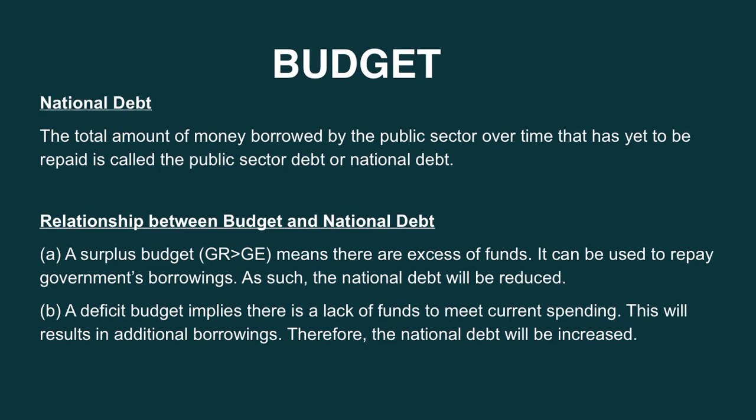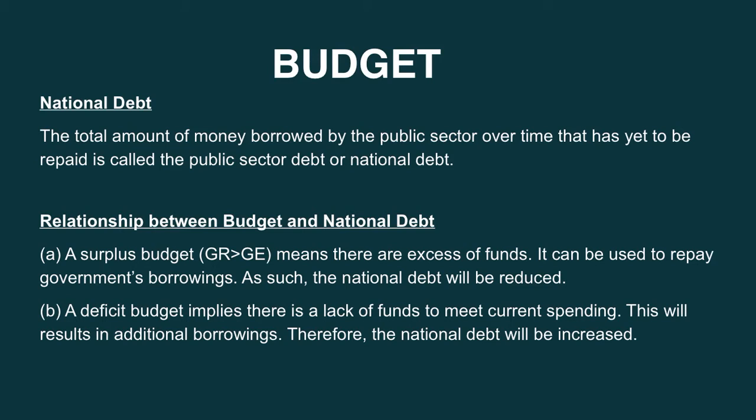Now, a surplus budget means there are excess funds, we got extra funds. So the government will use the extra funds to repay the government's borrowing, in order to reduce the national debt.